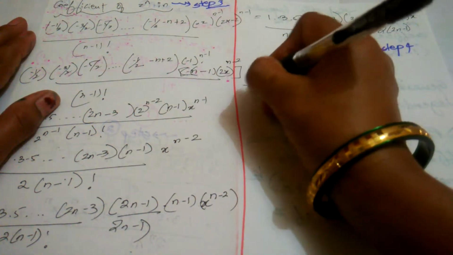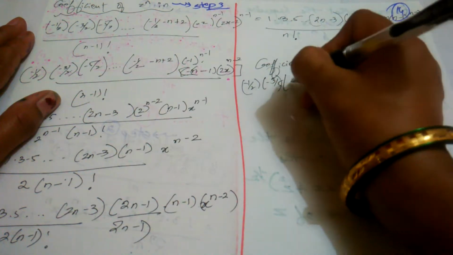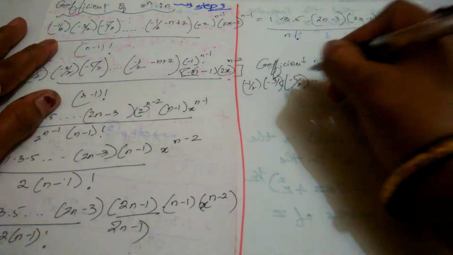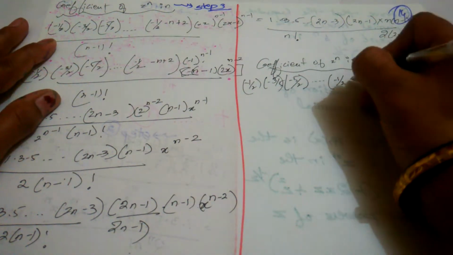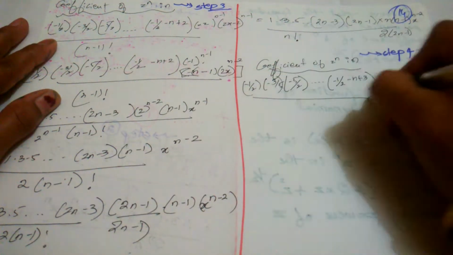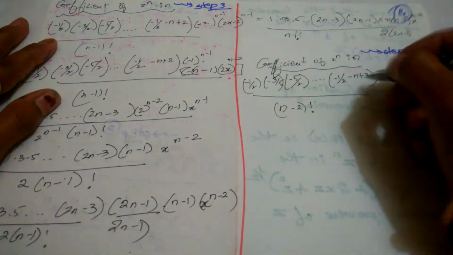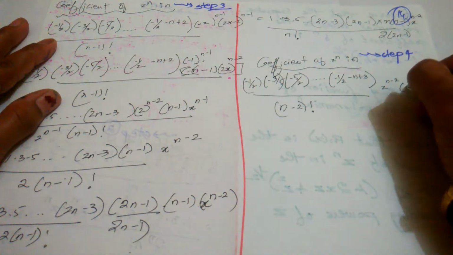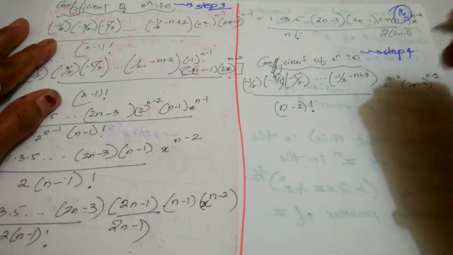Again same terms: minus 1 upon 2, minus 3 by 2, minus 5 by 2, dot dot dot, minus 1 by 2, minus n plus 3, divided by n minus 2 factorial, z to the n minus 2, into 2x minus z to the n minus 2.